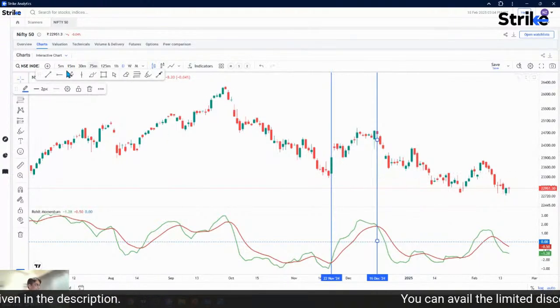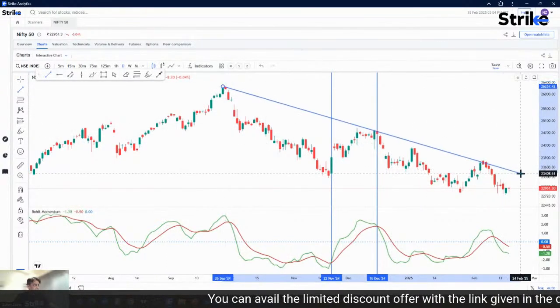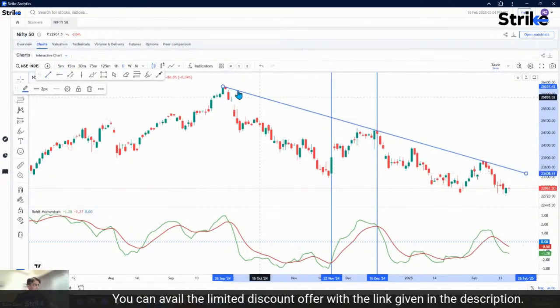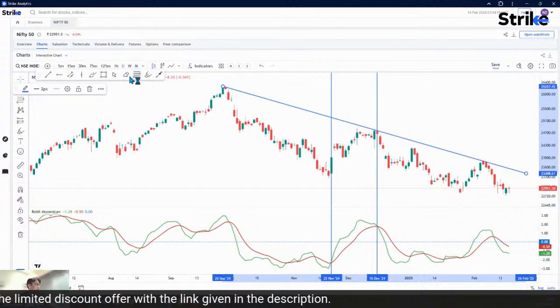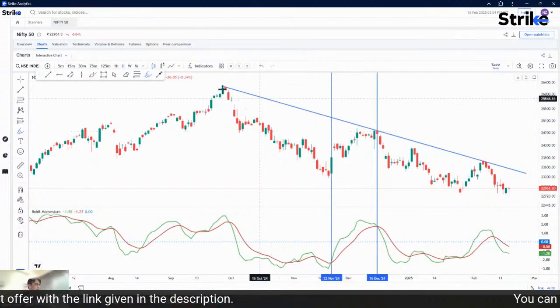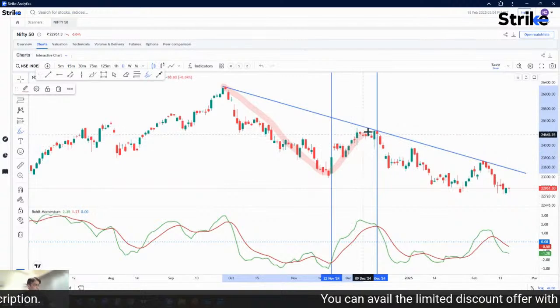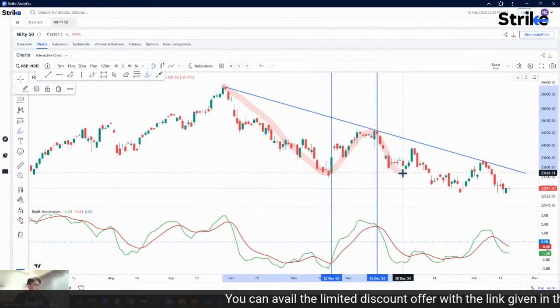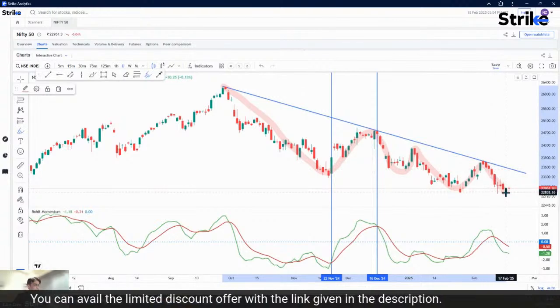Now you can see that the trend of this particular Nifty is in a downtrend only. Yes, the trend is down. This is a previous significant top over here. Prices came down, made a bottom, made a top. Came down a little bit, made a top, came down and made a top, and now it is down.